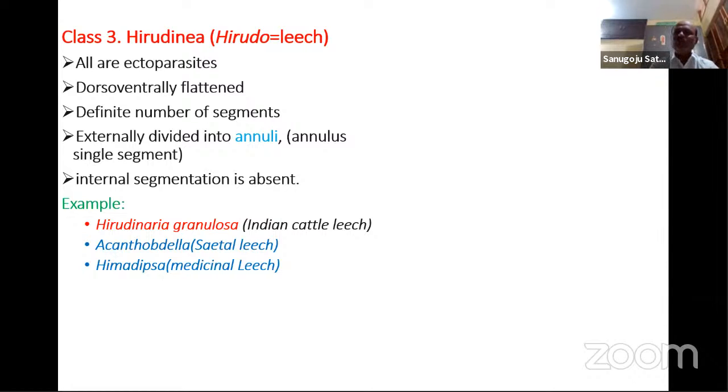They suck without the victim noticing, so they can suck smoothly. And dorsoventrally flattened bodies are seen here, the dorsoventrally flattened structure of the leech.